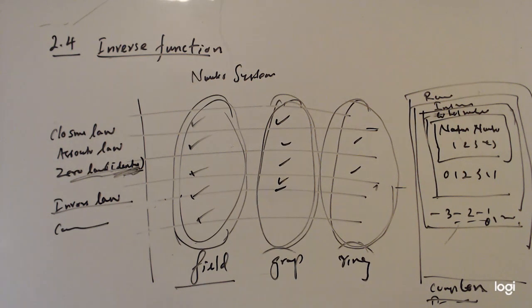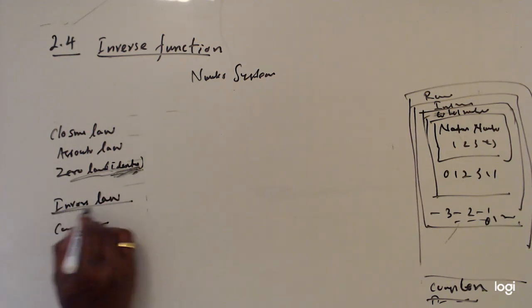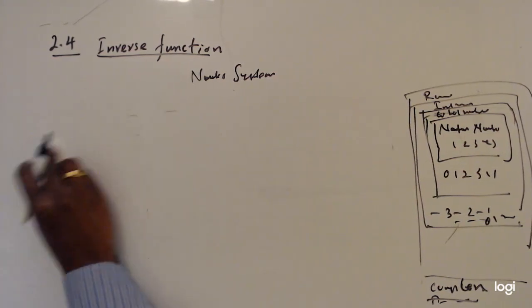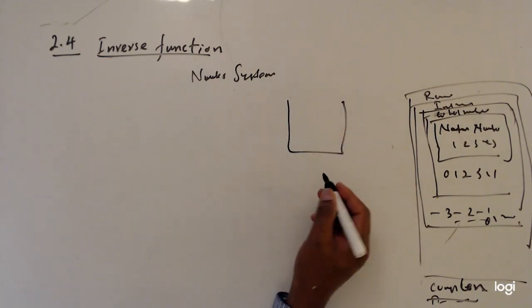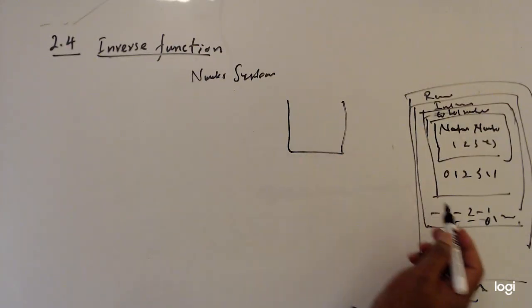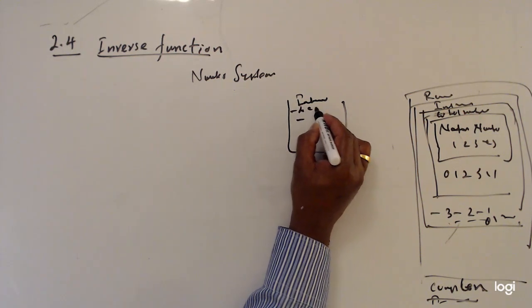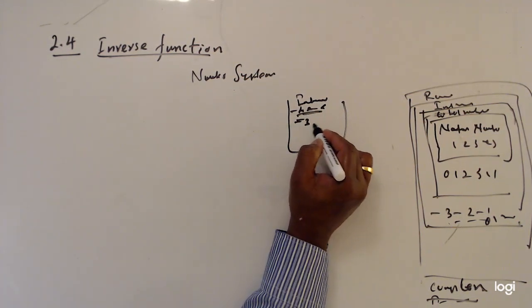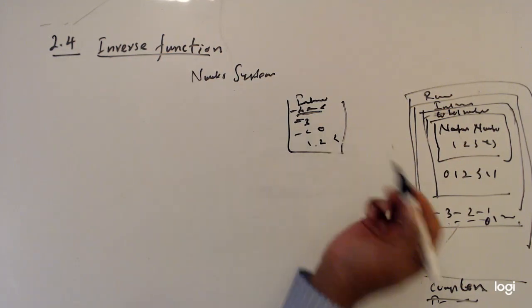So likewise, I'm going to take identity and inverse law. I'm going to discuss this one for your understanding. So I will consider what is identity. Identity is, if you consider a pot in the sense of numbers, integers, minus infinity to plus infinity, all the numbers there: minus 3, minus 2, 0, 1, 2, 3, like that.